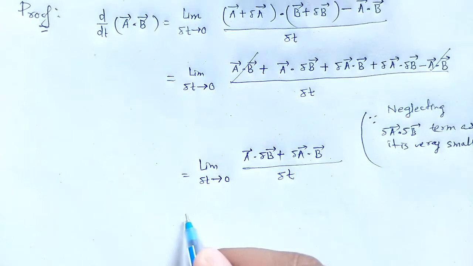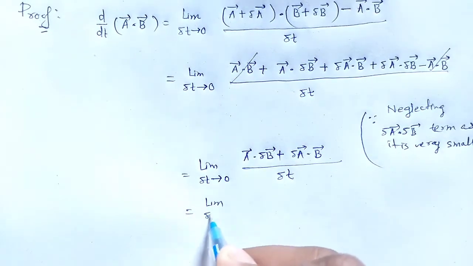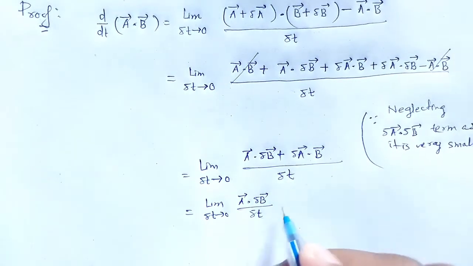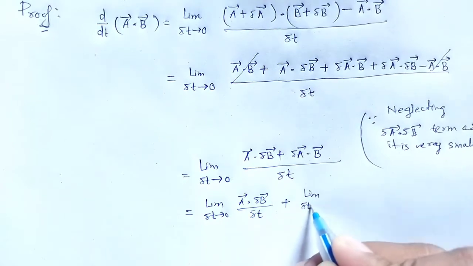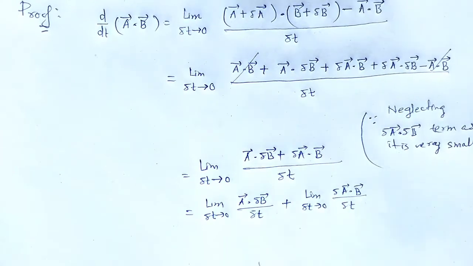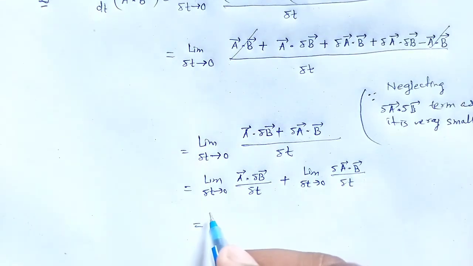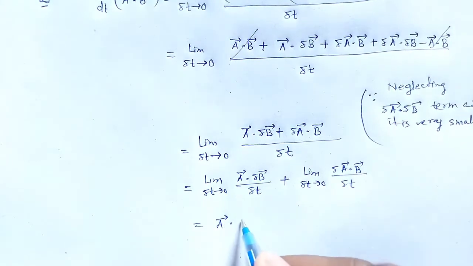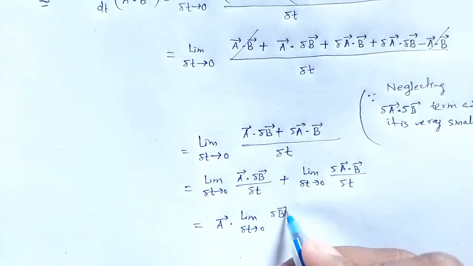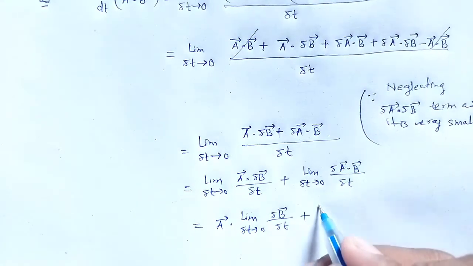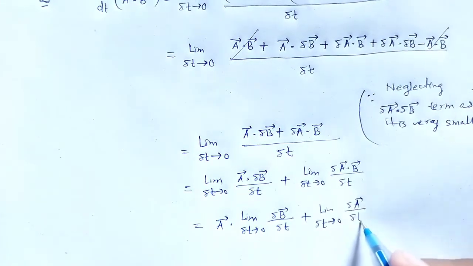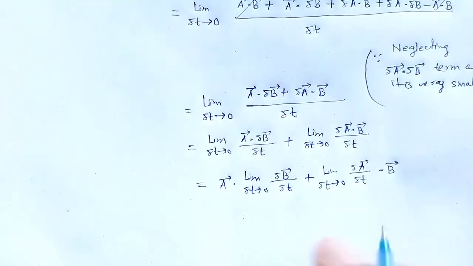Separating these two: limit del t tends to 0 of a dot del b divided by del t plus limit del t tends to 0 of del a dot b divided by del t. Now we can write this as a dot limit del t tends to 0 of del b by del t plus limit del t tends to 0 of del a by del t dot b.